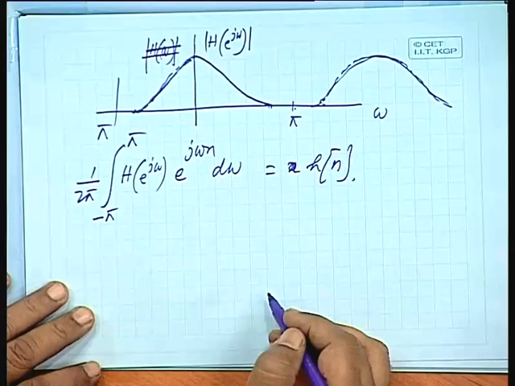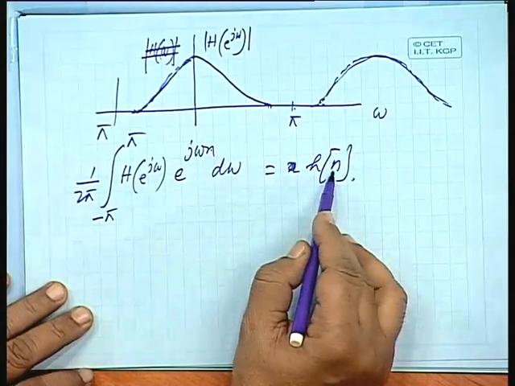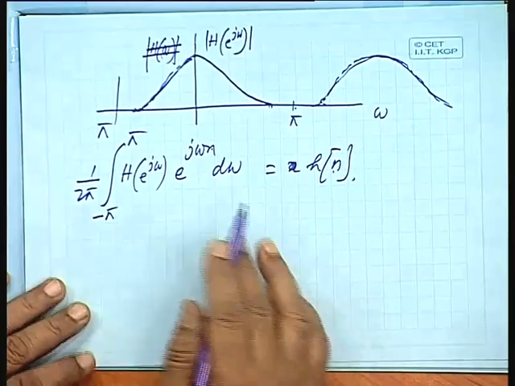Is it all right? This n will correspond to this n, is it not? So, this is basically the reverse transform. We are taking the inverse DTFT.